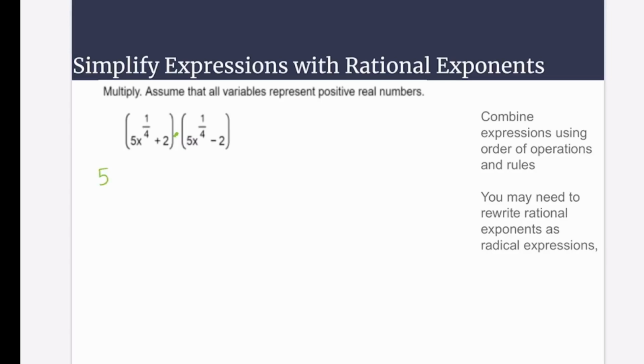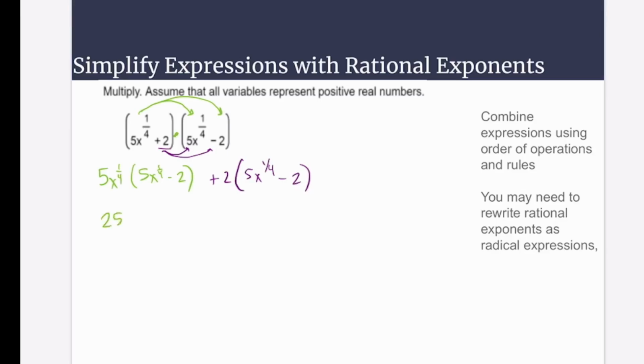So we're going to do 5x to the 1/4, and we're going to multiply by both of these pieces. We're going to expand that out. And then we're going to take the plus 2, and same thing. So all we're doing is distributing all these pieces to make sure we simplify correctly.